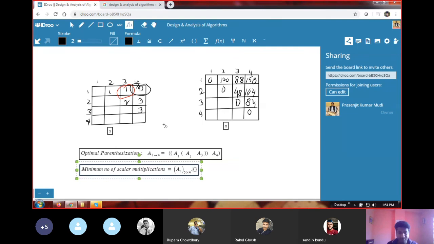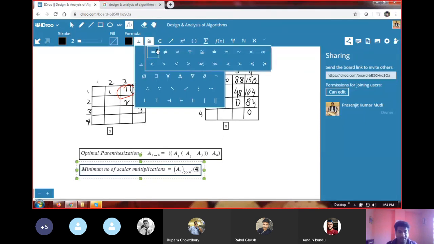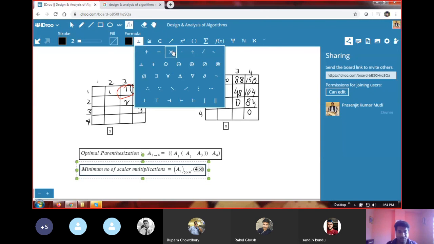What is the number of scalar multiplications in this A2 A3? Just check the dimensions, you can find the answer. That is 4 cross 6 cross 2.